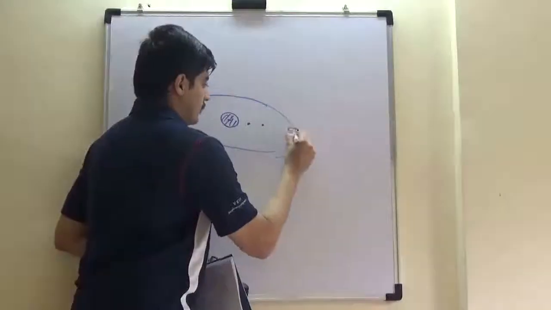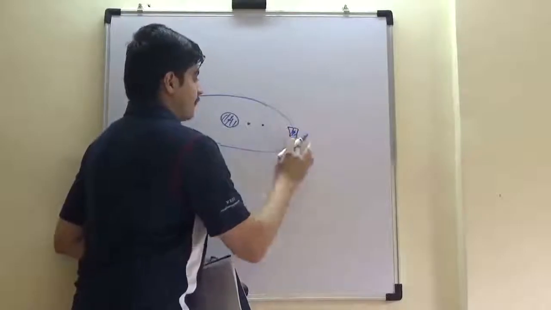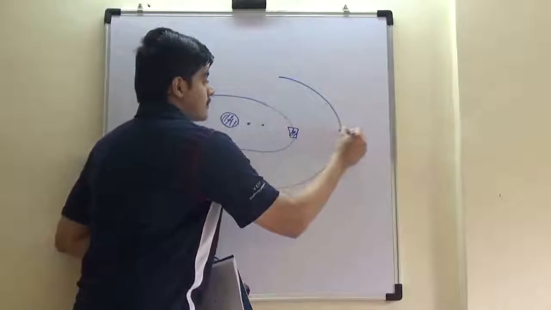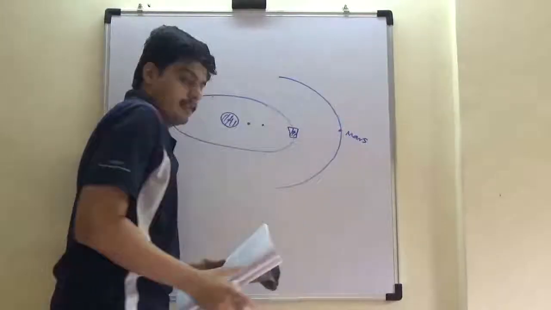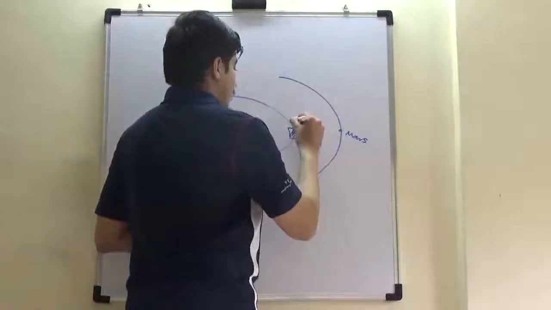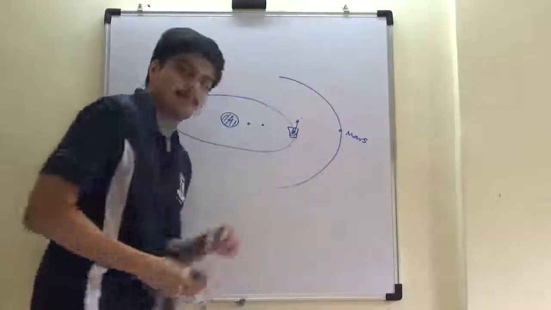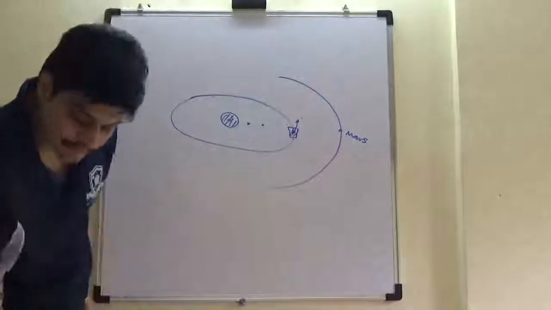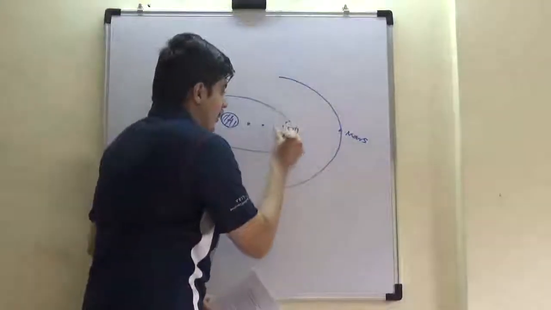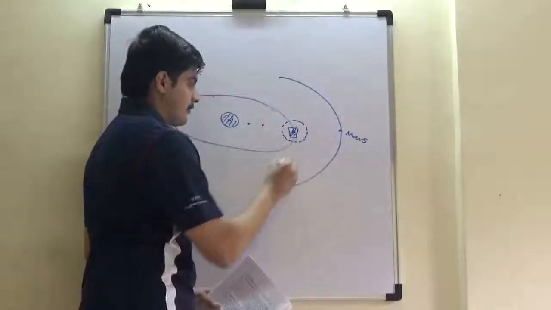So your Earth is here, somewhere in this window, and you want to fire something towards Mars. What would you do? Say at this point Earth and Mars are here. Will you follow this trajectory? No. What you do is, first you take your satellite and park it in a local orbit here.